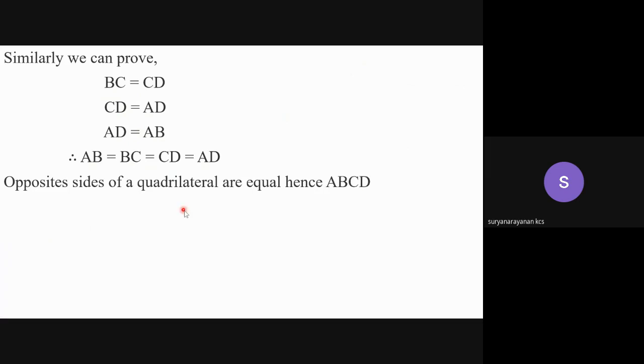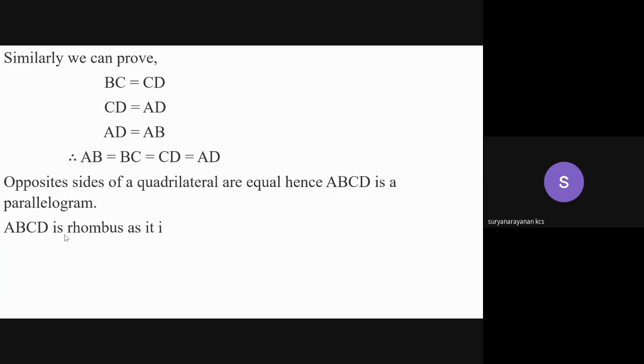Hence, ABCD is a parallelogram. We have proved that it is a parallelogram. Moreover, we have proved all the sides are also equal. Hence, the quadrilateral ABCD is a parallelogram, and moreover, it is a rhombus. Yes or no? ABCD is a rhombus.